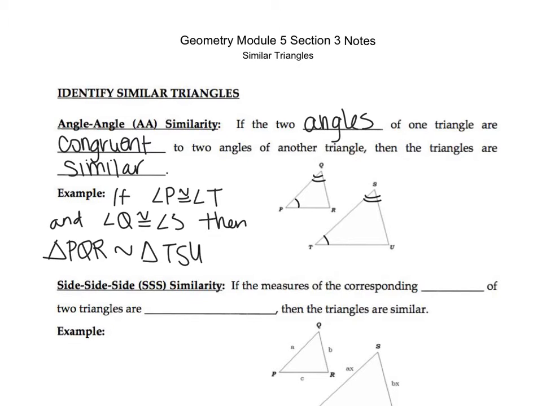And the reason would be by angle-angle similarity. And we do normally put that AA to abbreviate it.